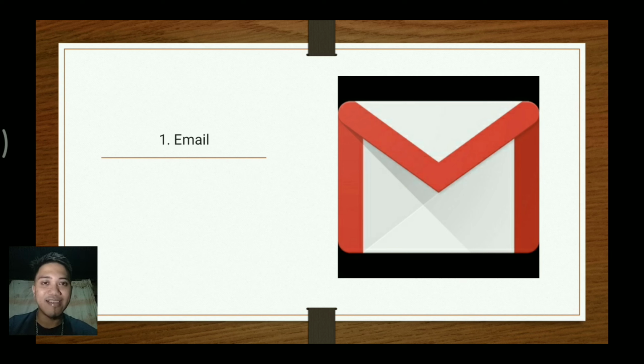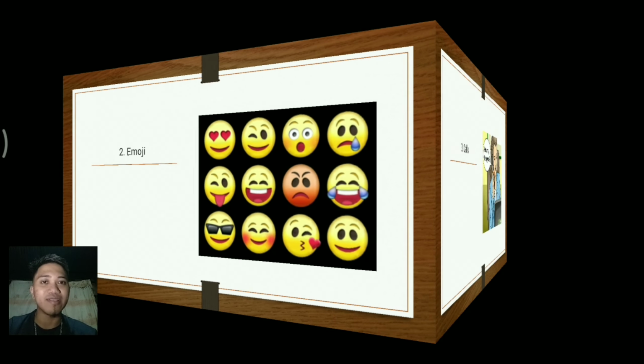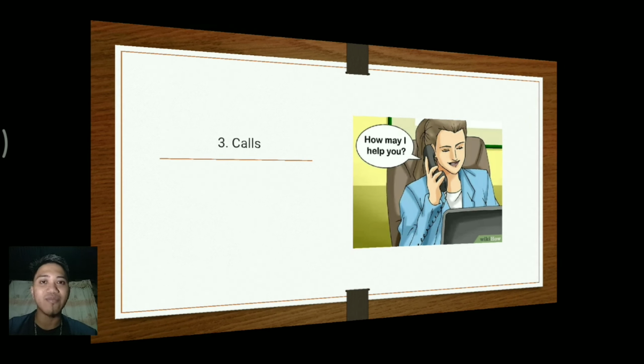Is it a form of verbal, non-verbal, or written communication? Correct. It is a written communication. How about this one? Emojis. We'll see that one later. Calls. We'll see that one later.